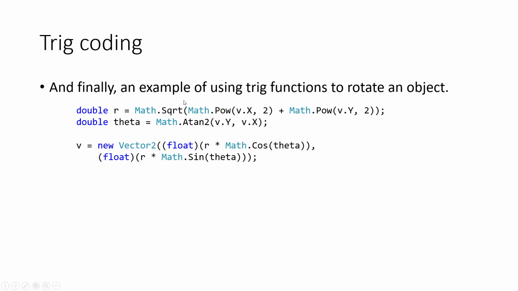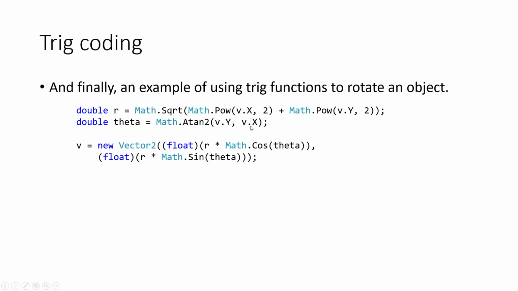Shouldn't be too much to get your head around there. And theta is using atan2 of y and x. You put it in that order because that's the order it does the division, by the way. So almost every atan2 function has it in that order, and it'll run all that code that I showed you earlier just to make sure that you've got the right quadrant and the right positive or negative value. But that's all done for you, it's baked in.